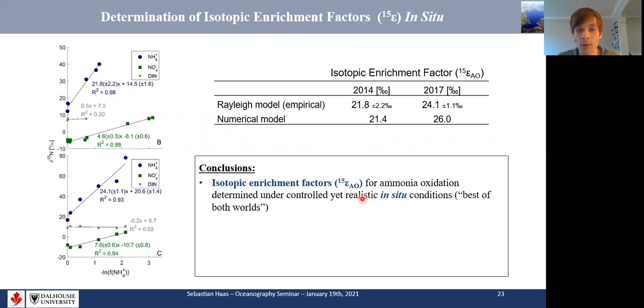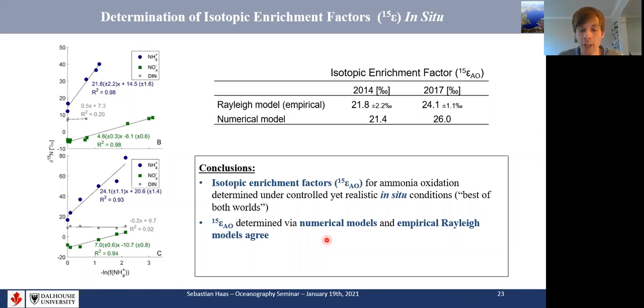And here we can have relatively controlled conditions because of all these measurements and the very highly resolved time series measurements we do in the Bedford Basin in the field. Furthermore, good news for people who do numerical models of stable isotopes of nitrification: the isotopic enrichment factors determined from the numerical models and the empirical Rayleigh models agree fairly well.